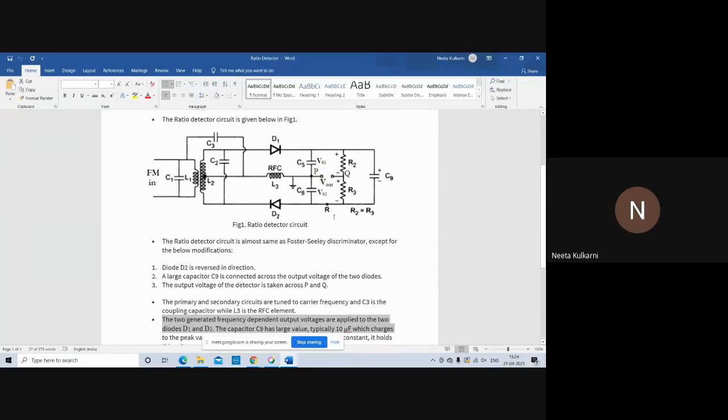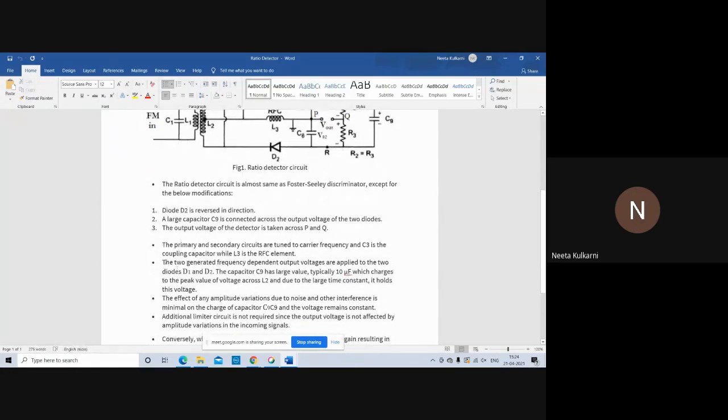ओके, सो सेम पॉइंट इट इज गिवन हियर. I will just read. The two generated frequency dependent output voltages are applied to the two diodes D1 and D2. The capacitor C9 has large value, typically 10 microfarad, which holds the peak value of V2, and due to the charge time constant, Vout is held across this capacitor.